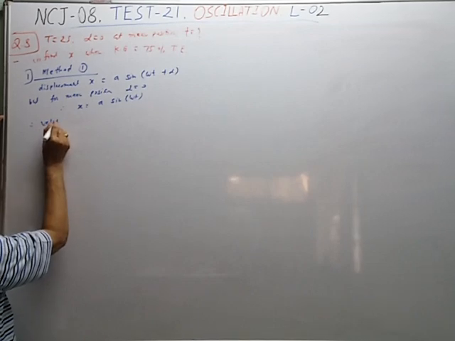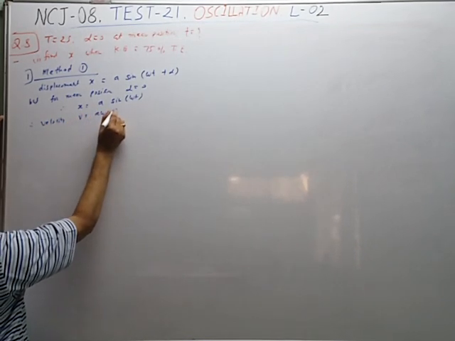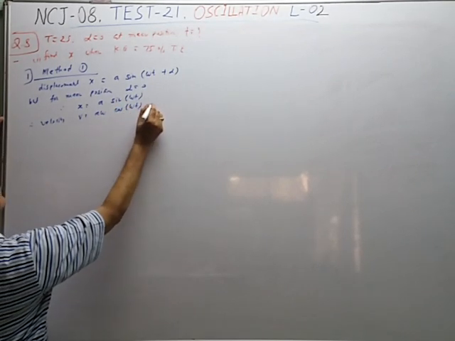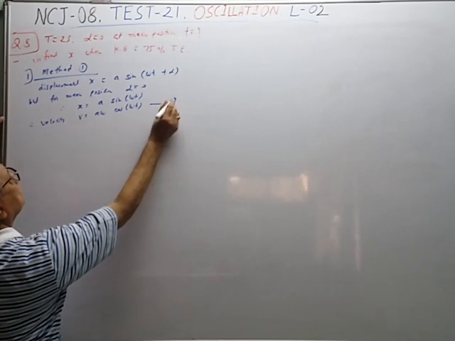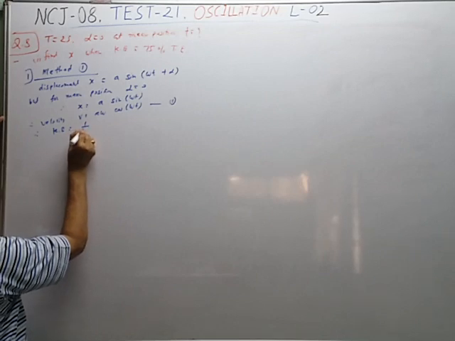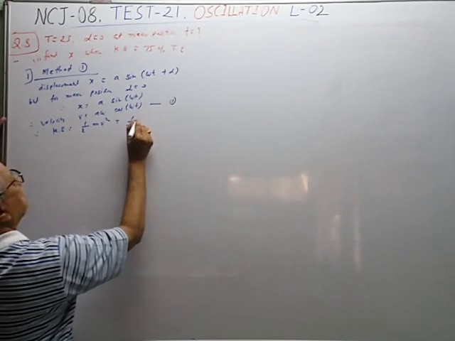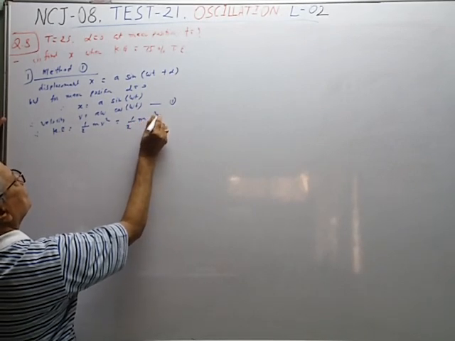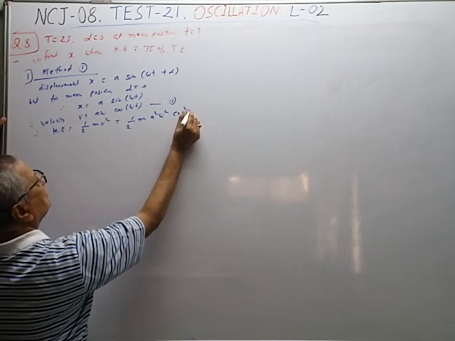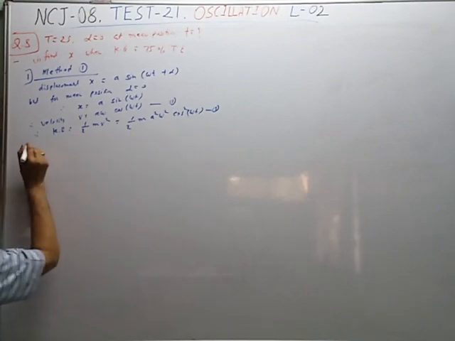Therefore velocity v is equal to a omega cos of omega t. This is equation 1. Therefore K is equal to 1 half m v square, which is equal to 1 half m a square omega square cos square omega t. This is equation 2.